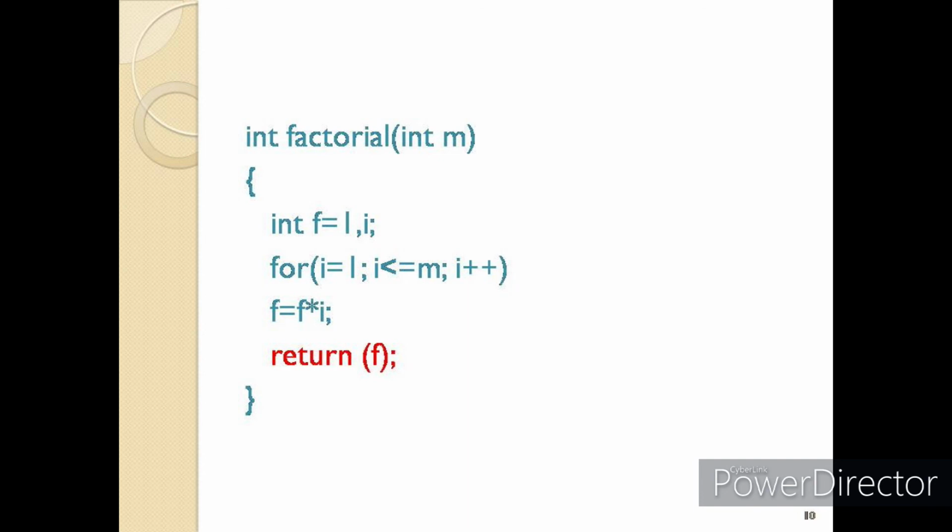For i equal to 1, i less than or equal to m, i plus plus, f equal to f into i. This loop will be repeating from 1 to m. So we have the answer in the f variable, and after loop completion, we execute the line return f. So the answer, that is the factorial of number m, will be returned to the main program.